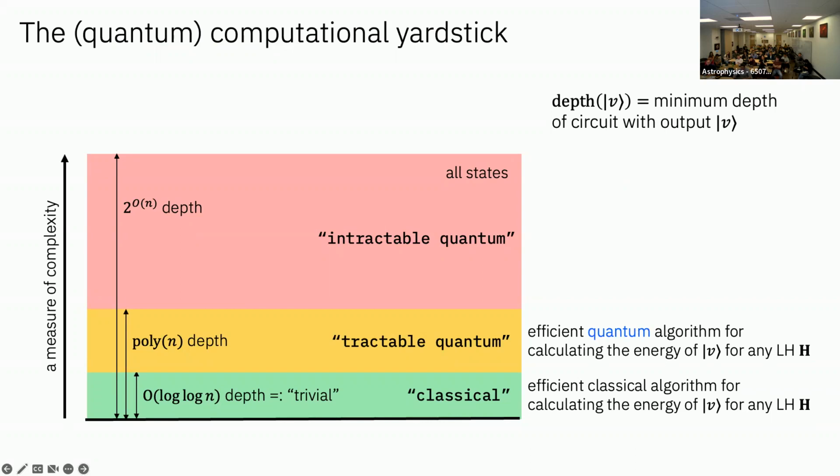The evolved operator will be of size at most 2 to the t. So when you evolve an operator by a quantum circuit of short depth, it only scales by like 2 to the t. So that's where that second logarithmic factor comes in. And then the two logarithmic factors together give you this log n depth triviality.